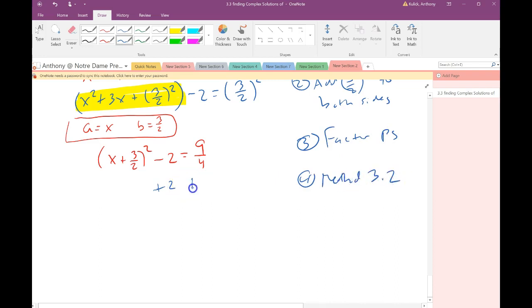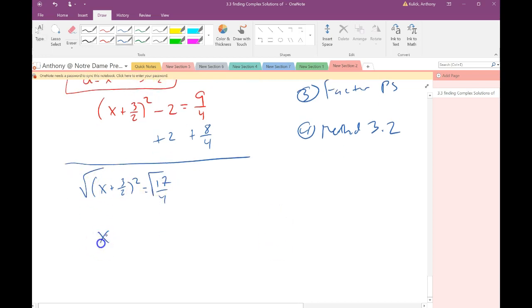So I'm going to add 2 to both sides. So might as well make a common denominator. 2 is the same thing as 8 over 4. And I'm going to square root both sides. Don't forget your plus and minus. And then I'll just subtract 3 over 2 from both sides.